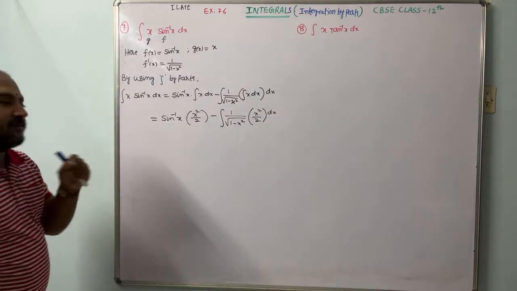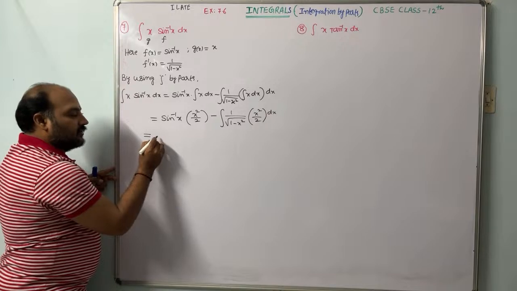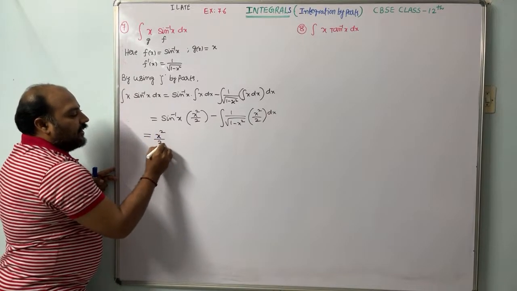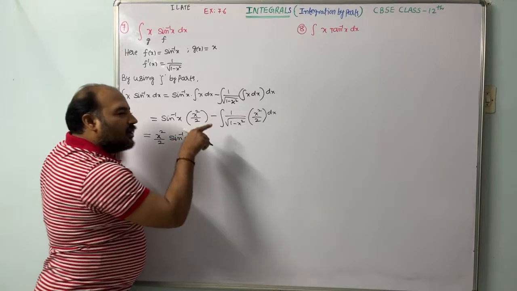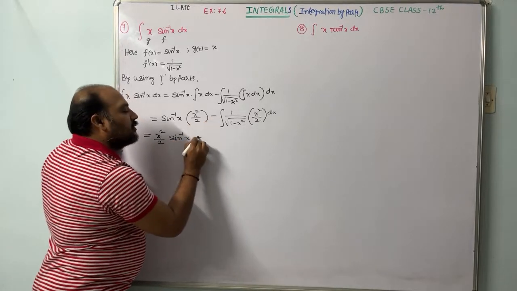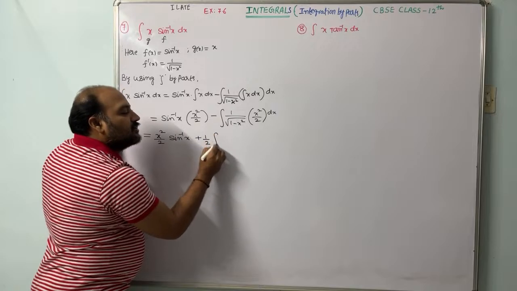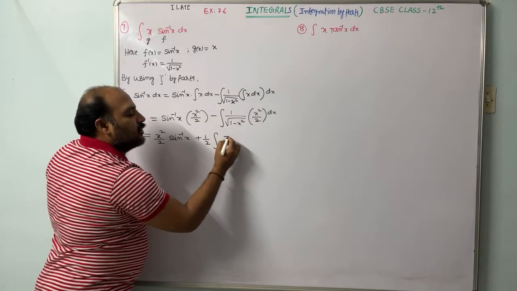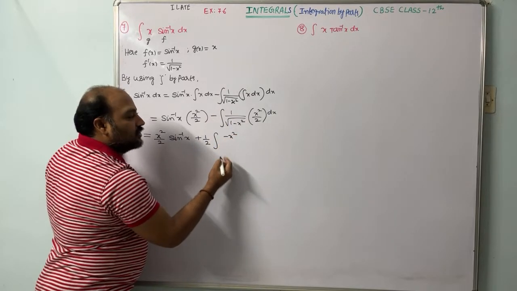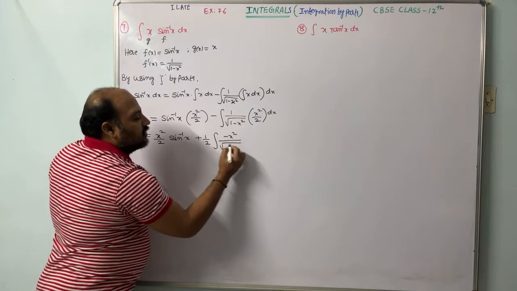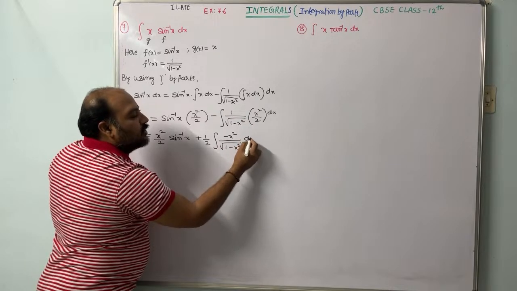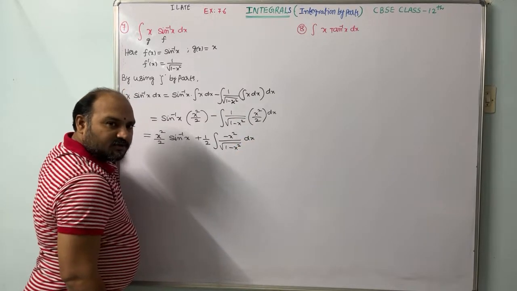From here, turning step, dear students, keep in mind and observe carefully. x squared by 2 into sine inverse x. Here, in place of minus, I am going to write plus 1 by 2, bringing the minus inside the integration symbol, integral of x square by root over 1 minus x square dx. Okay, dear students.